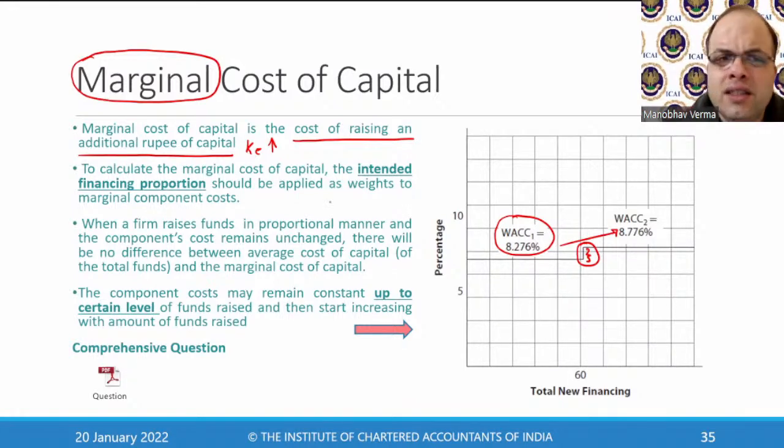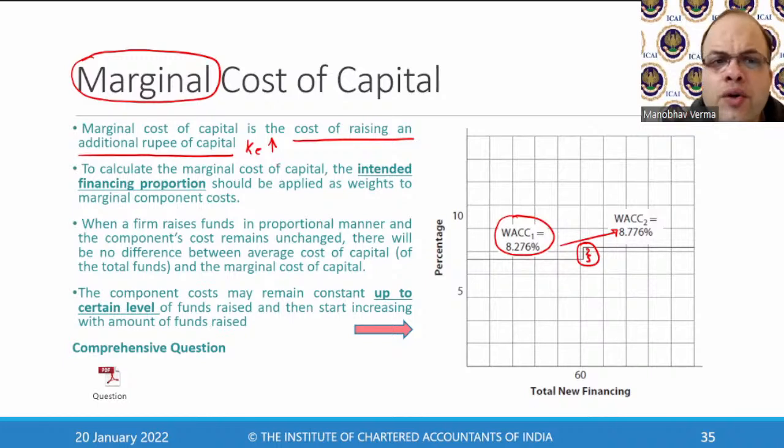Let's understand this. How do we calculate what is my marginal cost? First, we need to understand what is my proportion. How do I plan to finance my expansion plans? Because when an organization intends to keep a specific ratio, like we had some ratio, this much debt, this much preference share, this much retained earning or whatever, that is a proportionate manner which management decides.